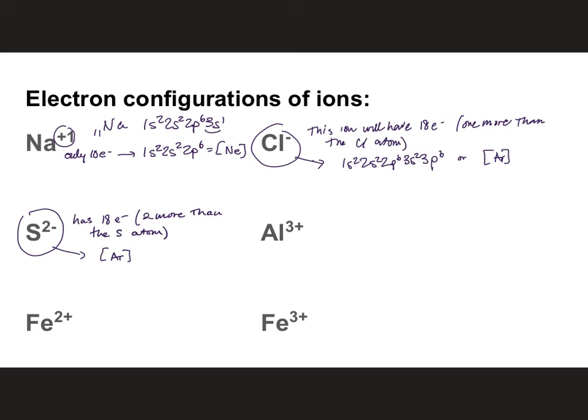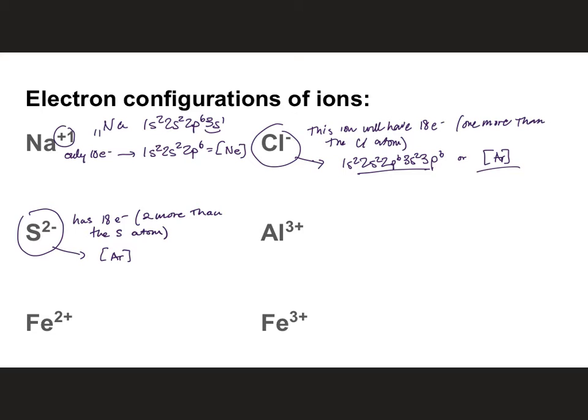So as you can see in both of these cases, we have gained electrons. Chlorine has gained one to make this particle called chloride, and thus has this configuration, which can be written as just argon. It has now got the same electron configuration as argon. And sulfur has gained 2 electrons to make sulfide.